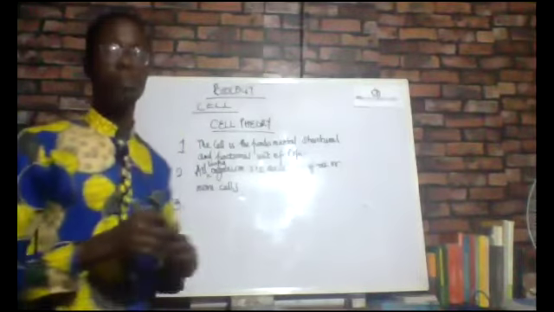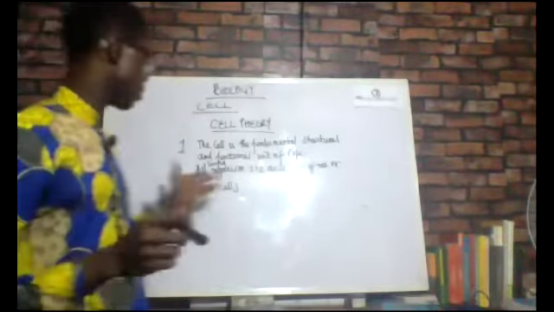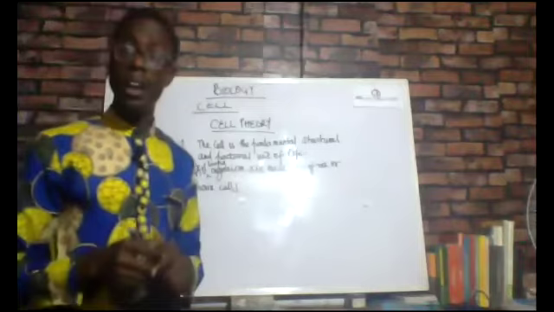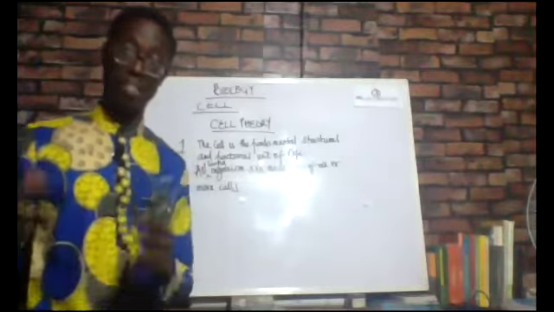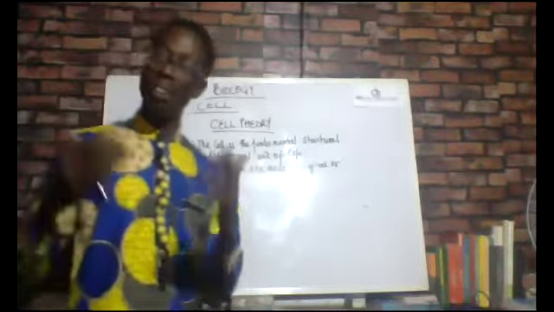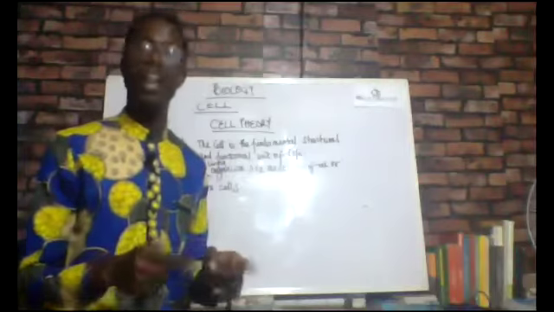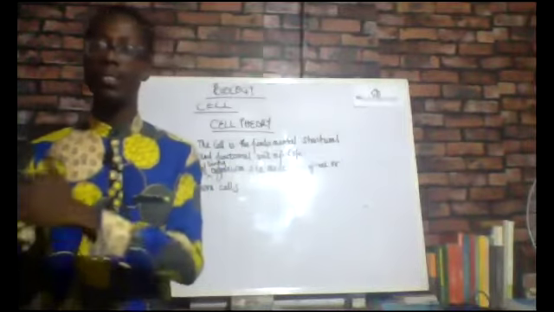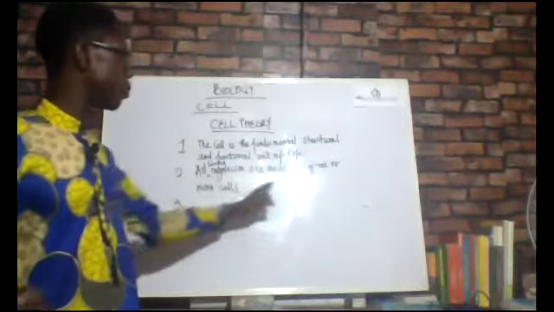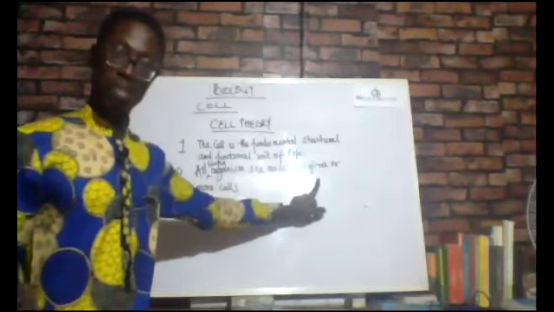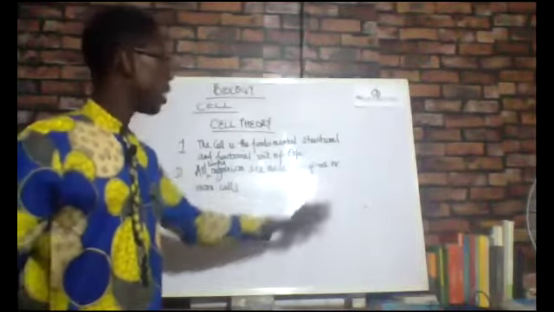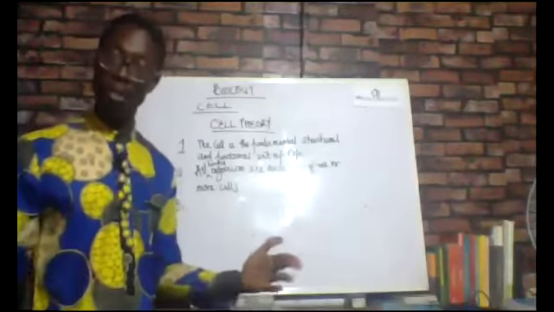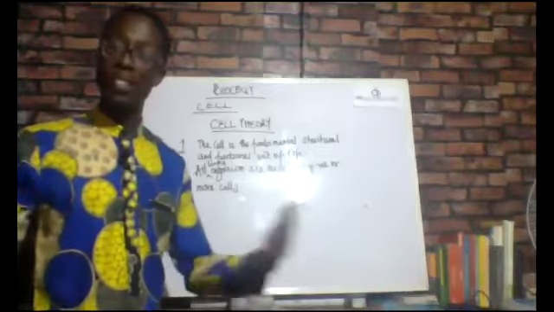I think I'll make it more legible. This is the part where you now have the different kinds of cells in terms of their number. We have some organisms that are unicellular and organisms that are multicellular. Those organisms that are made up of one cell are called unicellular, and those made up of more cells are called multicellular.